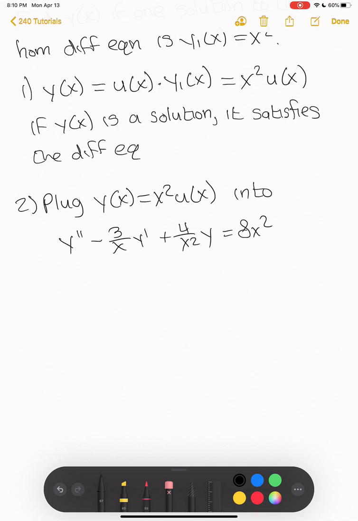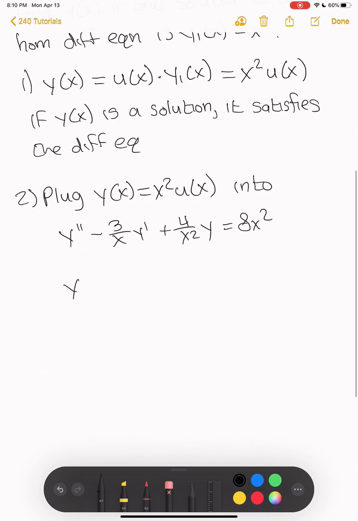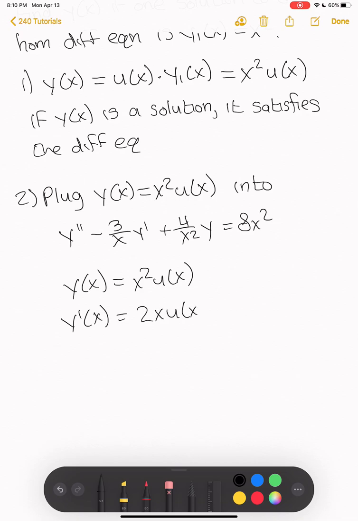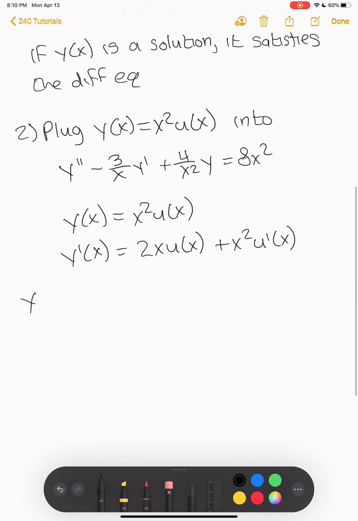So what we do is we just take the derivatives first because it's easy and it's not messy, and then we can plug them all in where they need to be. So with the chain rule, I have 2x times u of x plus x squared times u prime of x. And then if I take the derivative of that, I have a couple more chain rules.